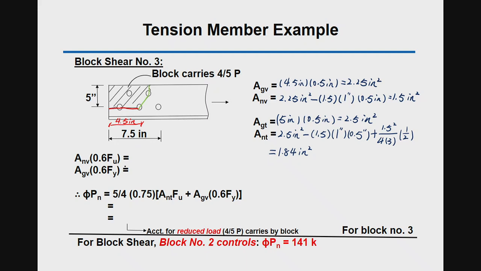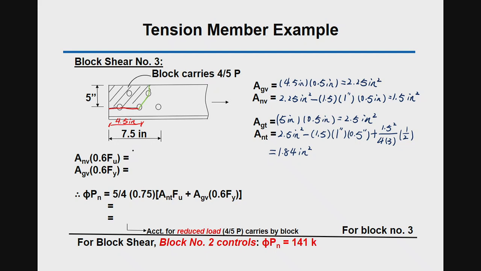and this is the same. Compare these two items to see which one controls. So it should be the same as we did before, right? Because ANV and AGV don't change. So there is ANV and AGV.